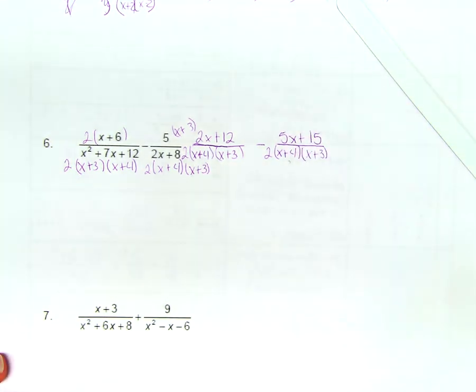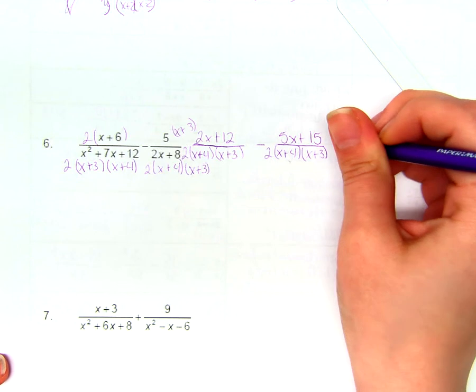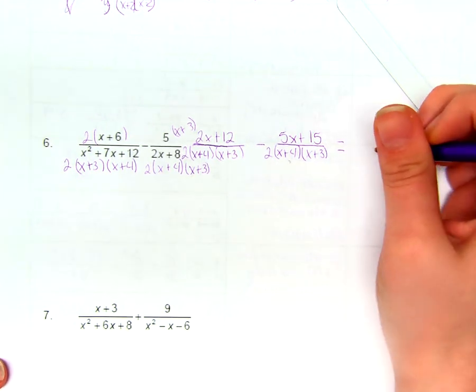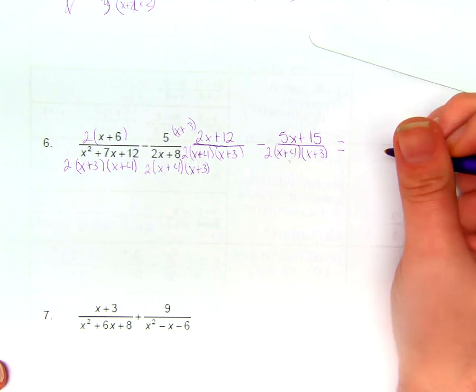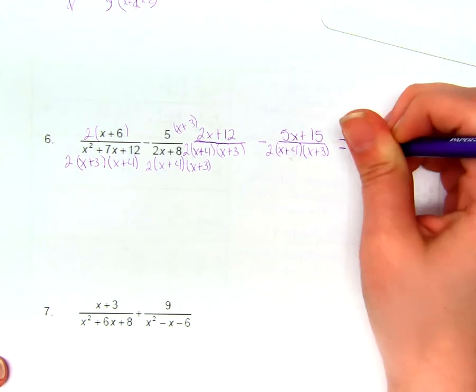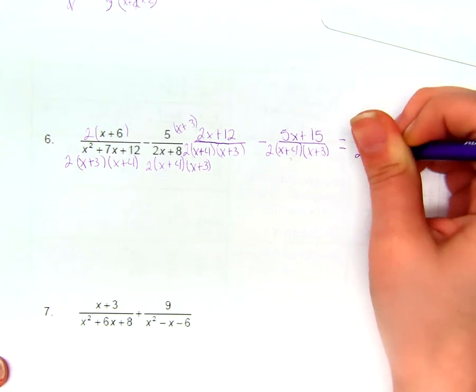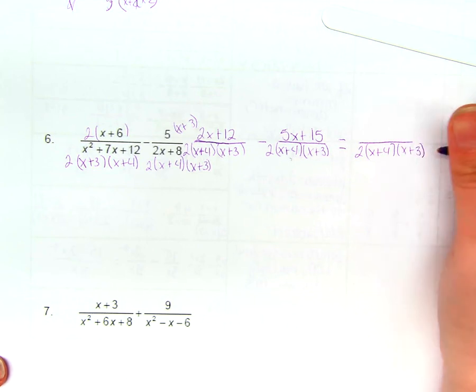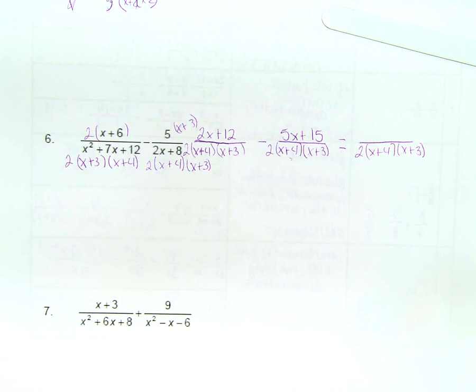And now let's do the subtraction. Good. Equals. That's good. So draw yourself a fraction. Good. Why would it be a negative 3? 2x minus 5x?